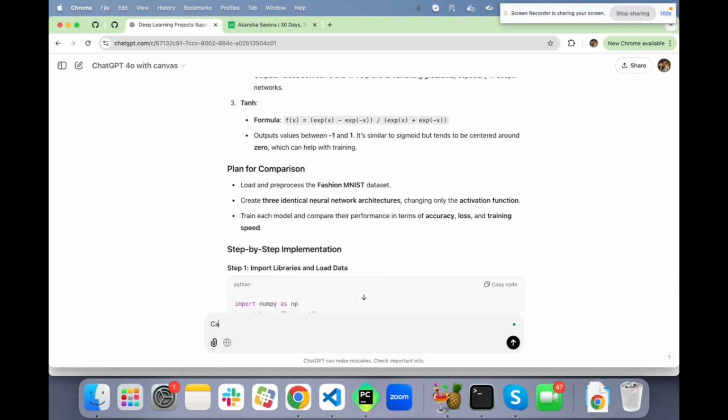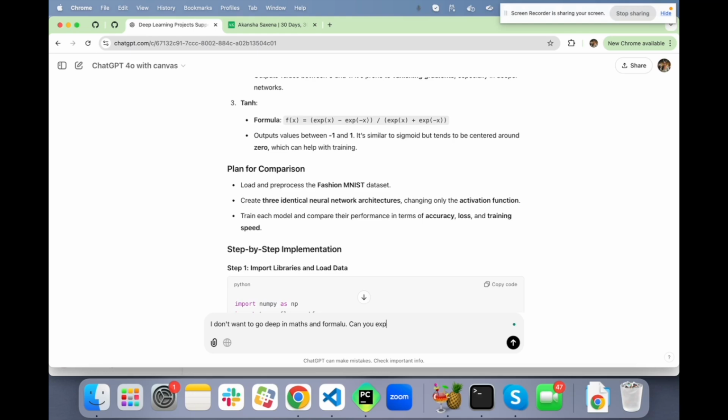Okay, so let's go further understanding these three activation functions. I don't want to go deep in maths and formula.